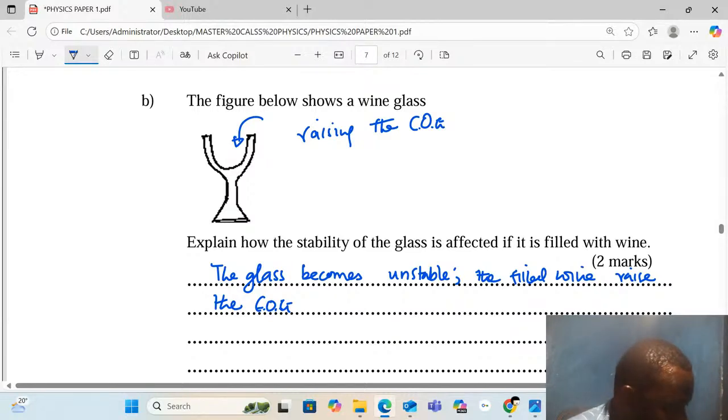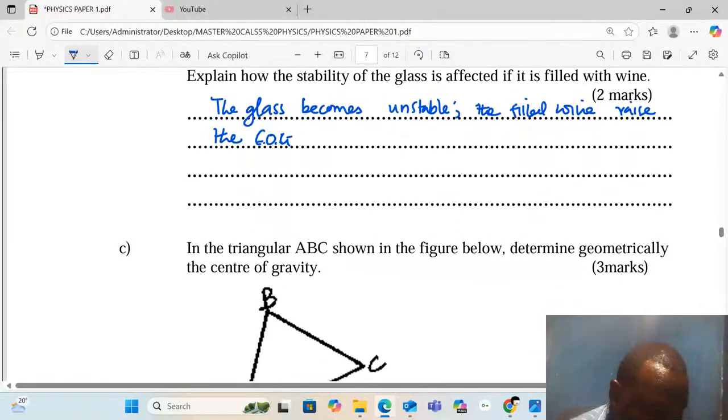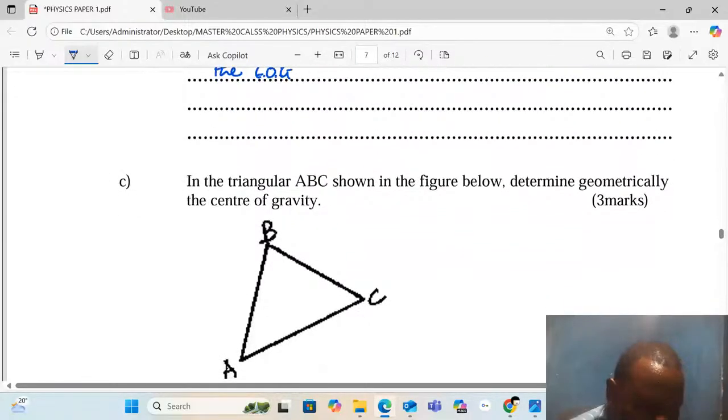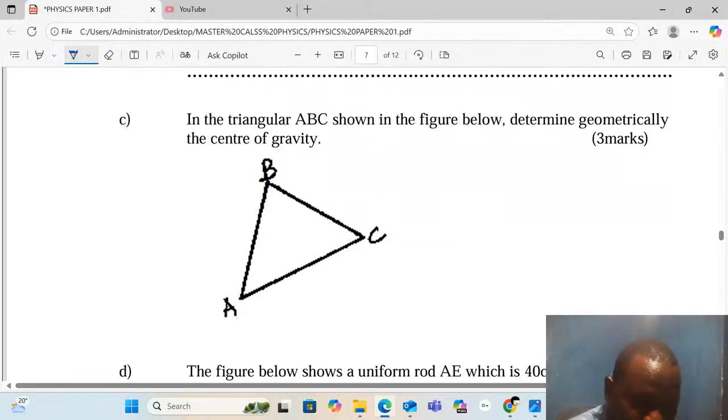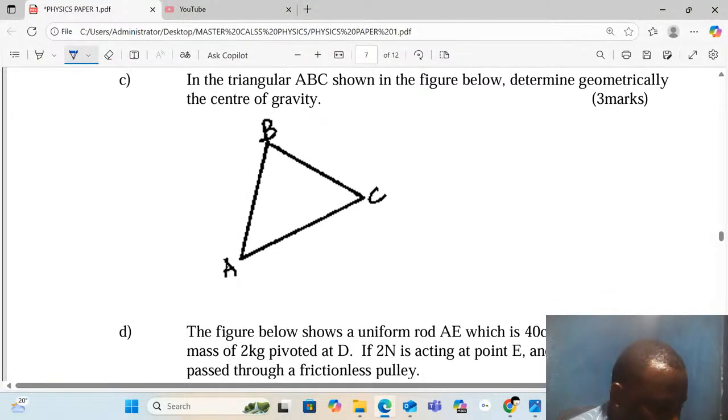Then now we have C. In a triangle ABC shown in the figure below, determine geometrically the center of gravity. So in this case, you are supposed to bisect any two sides.